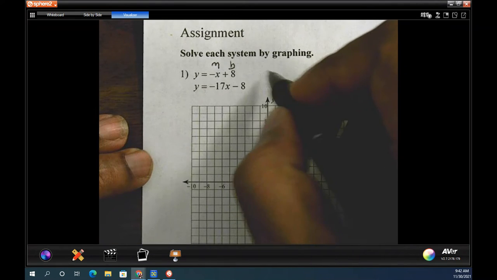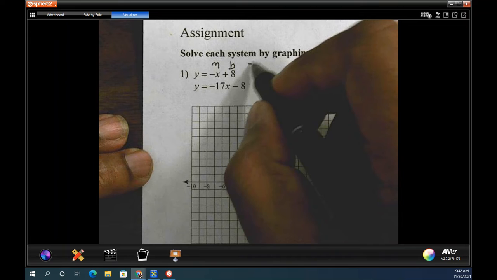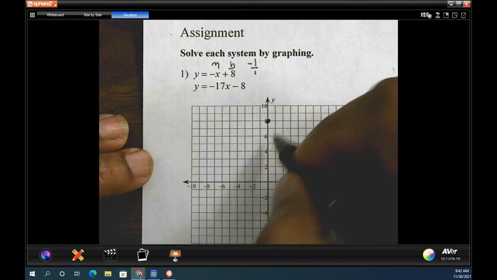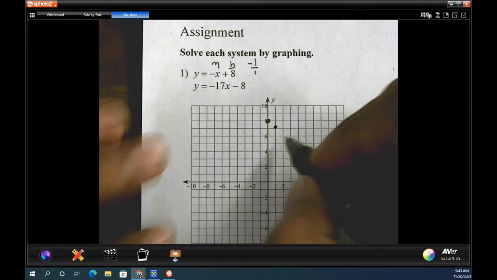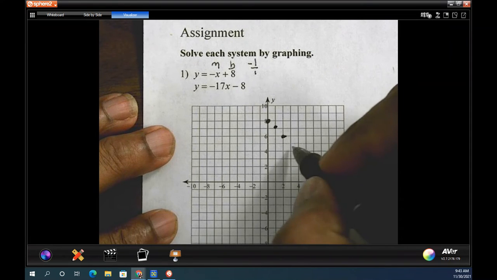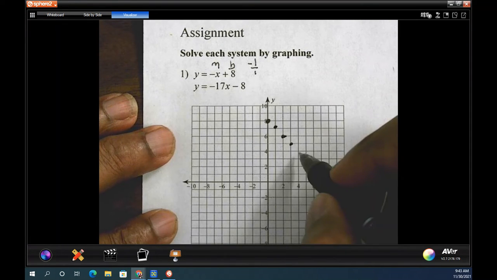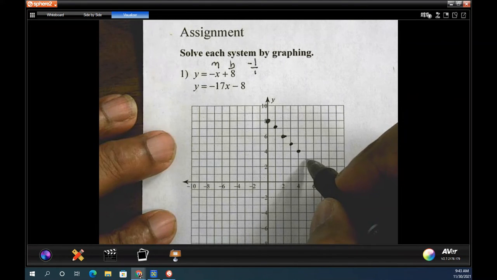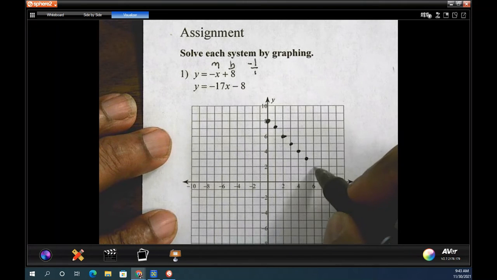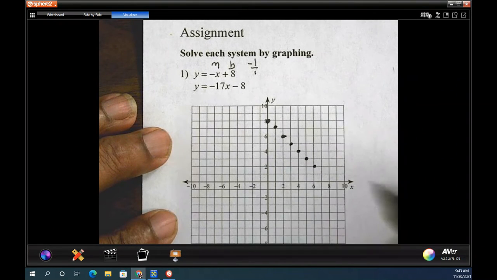-1. So if the slope is -1, we just put it over 1. It goes down 1, right 1. Down 1, right 1. And we can keep doing that. And when you're doing this, you have to plot every point, because you don't know where it's going to intersect.